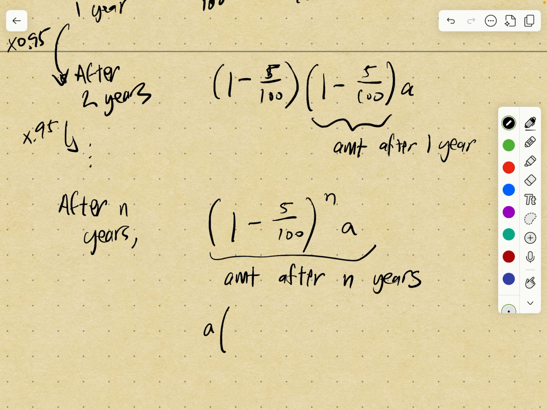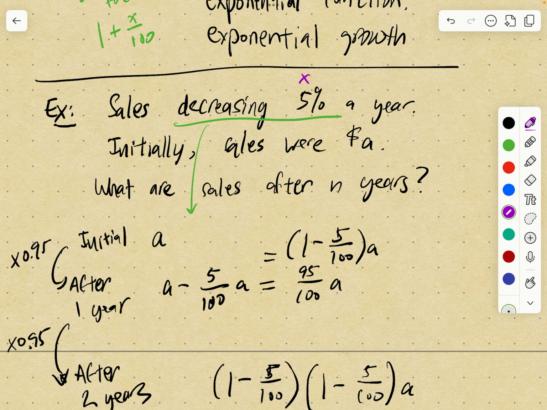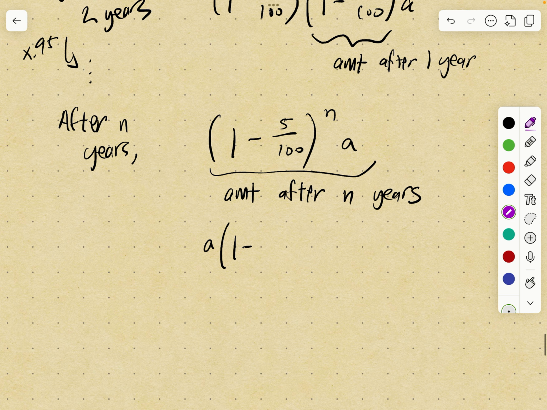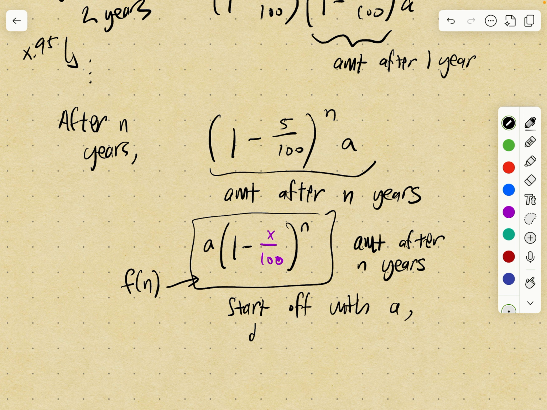So you have A times 1 minus, if you decrease by, instead of 5%, let's say X%, whatever percent, then you would have 1 minus X over 100 raised to the nth power times A. So that is your function that tells you the amount after n years, where you start off with A and you decrease by X% a year, and where n is the number of years since your initial amount.